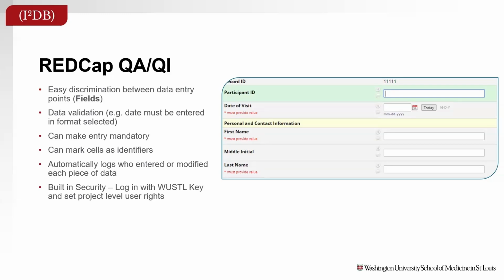And some things happen in the background. You can mark fields as identifiers to help protect your data. REDCap automatically logs who entered data or modified each piece of data, as well as any changes that happen to the fields. So basically, anytime data is entered, REDCap stores who entered that data and what time.